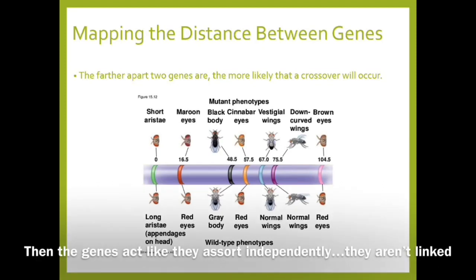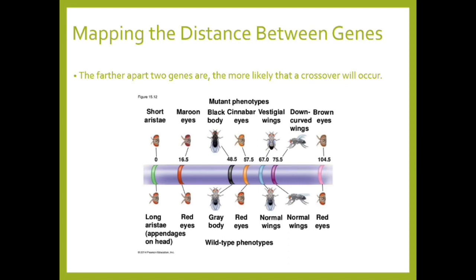Basically, if we're looking at this gene map of fruit flies, the farther apart two genes are, the greater the recombination frequency between them, and the more likely crossing over is going to occur. That's simply because there is more space in between the two genes for crossing over to occur. If I look at this gene and this gene right here, crossing over can occur anywhere in between the two.